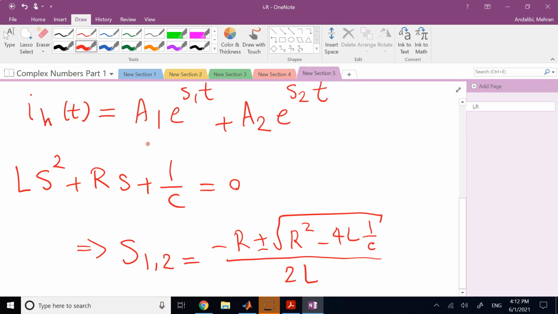Now, the important thing is this: when you're trying to solve something like this, keep in mind that the ultimate solution for the current has to be a real function. If when you do all of this, you end up with the solution, let's say harmonic or whatever it is, that has i in it, so your final solution for this homogeneous component at the end of the day has i in it, there is somewhere that you made a mistake.